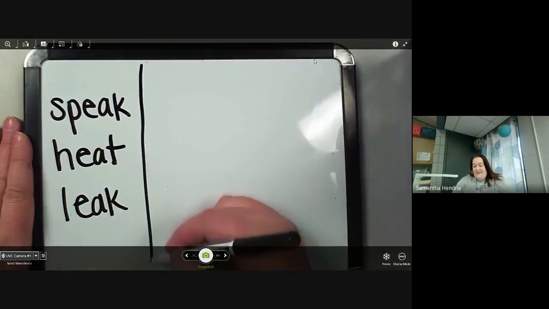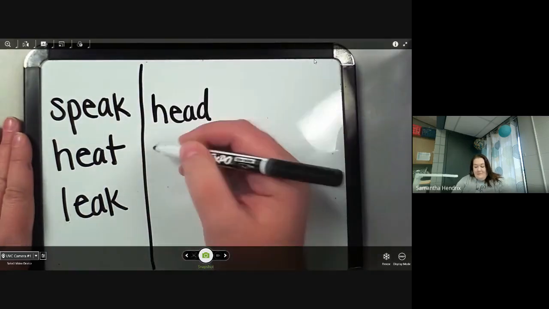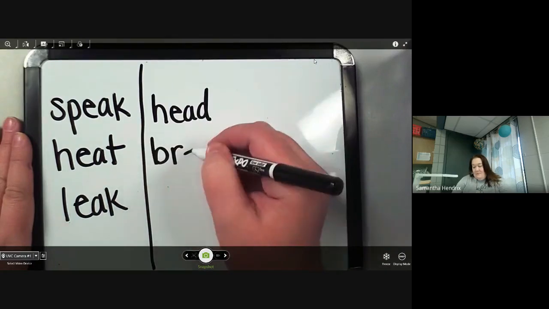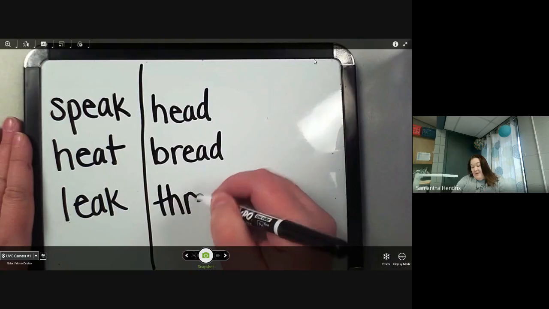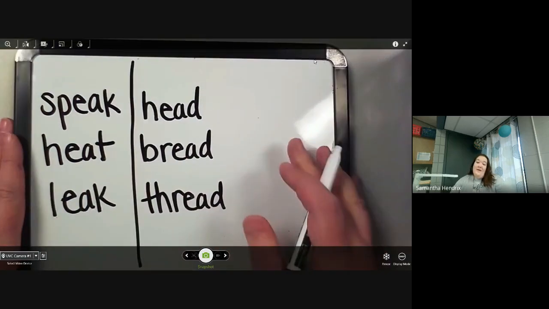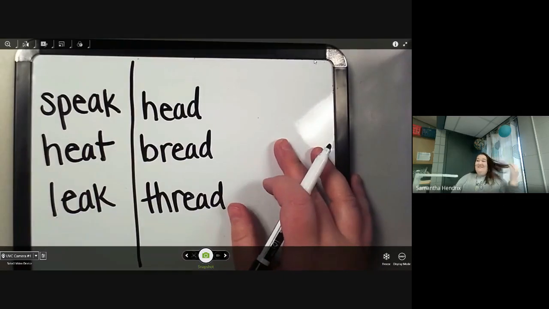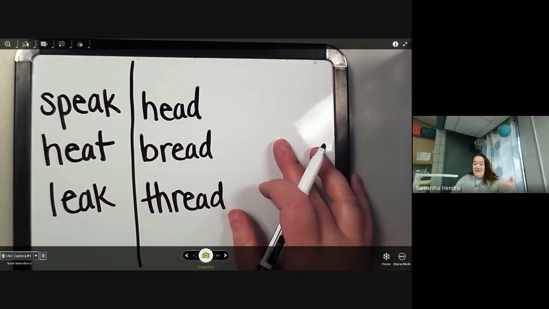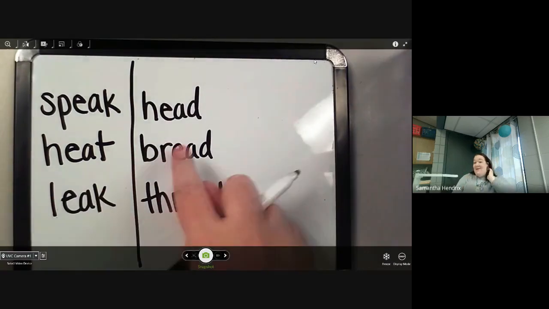I'm going to draw a line here. So in these words, what's making the eh sound? EA. We have two letters coming together to make one sound, so this is digraph EA.